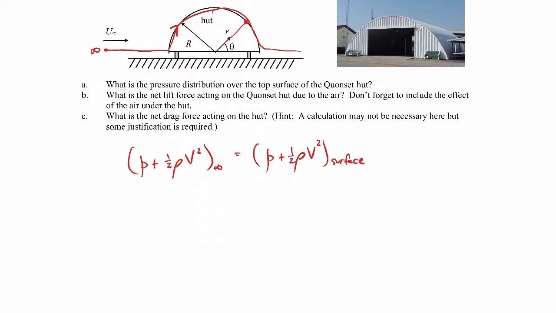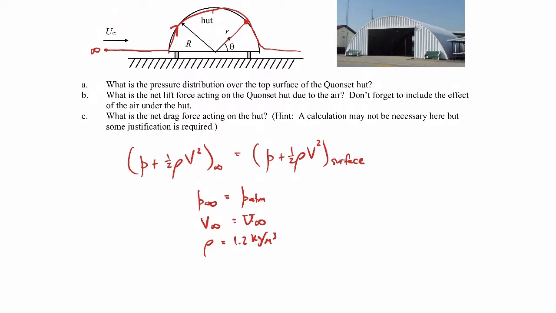And we know P infinity is P atmosphere. We know V infinity is just the U infinity. And the density everywhere is just going to be the same. So the density is going to be that 1.2 kilograms per cubic meter. So we're going to treat the flow as being incompressible.